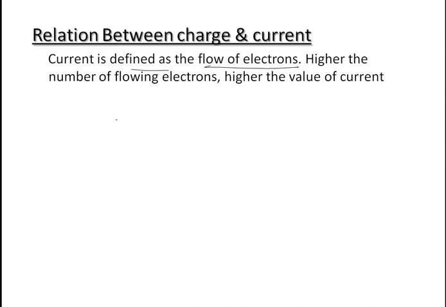So the higher the number of electrons flowing, the higher the value of current. Also we can define current as the flow of charge per unit time.